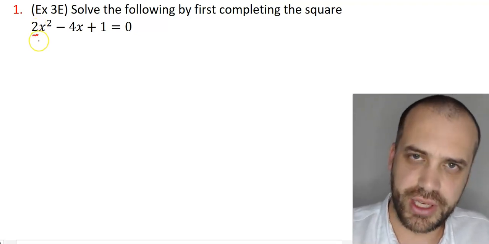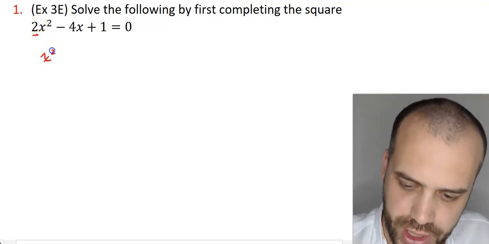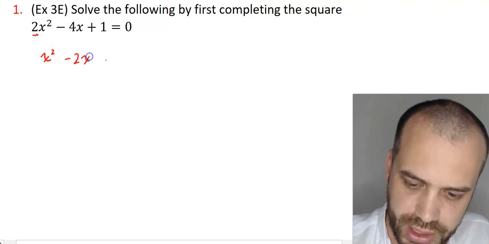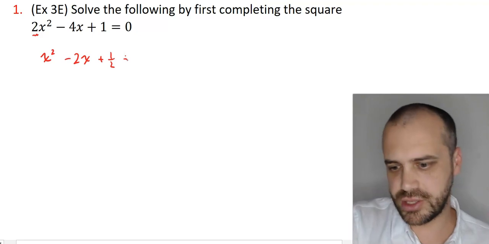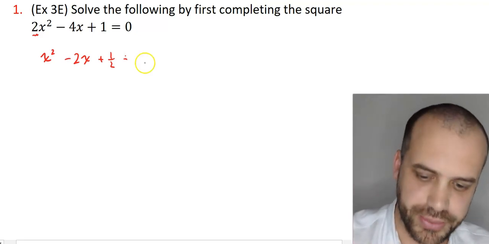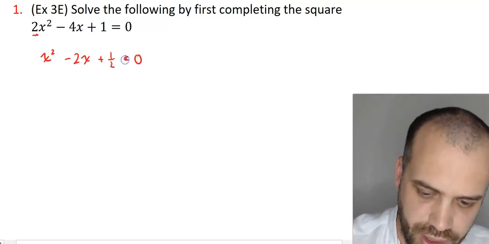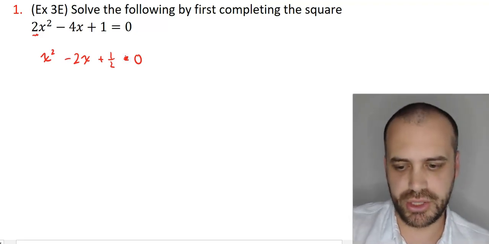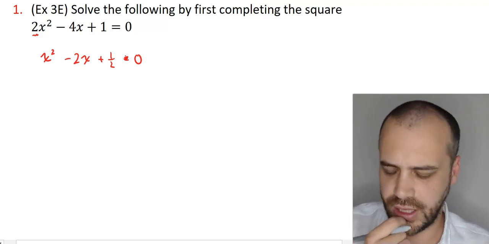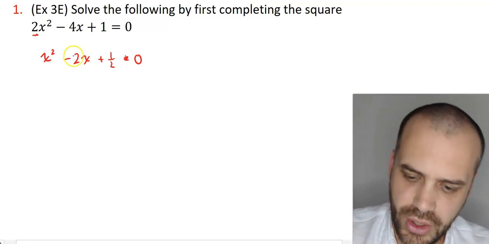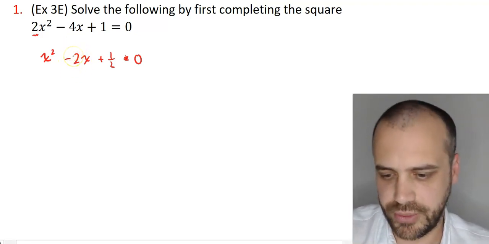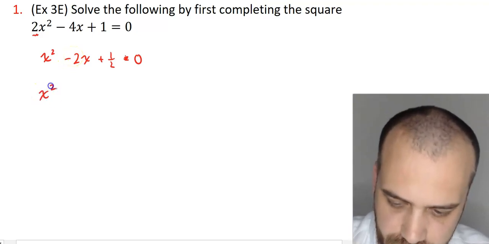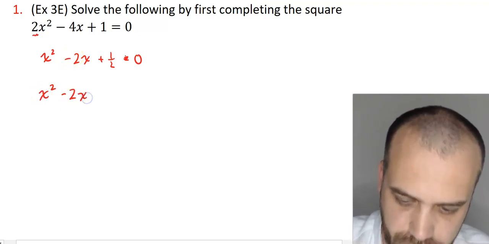If I divide the left-hand side by 2, I'll have x squared minus 2x plus 1/2. And if I divide the right-hand side by 2, 0 divided by 2 is 0. All right, so we get rid of that pesky 2 at the beginning. All right, how do we go from here? We take our b value, we halve it, and then we square it. So it's going to be x squared minus 2x.